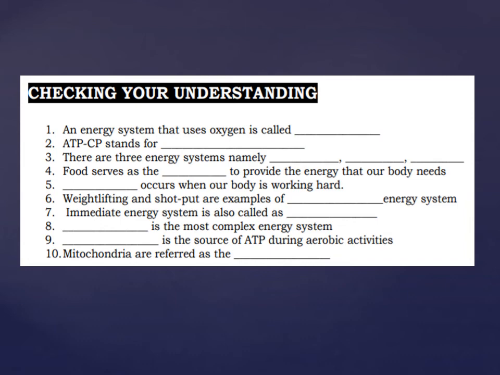There are 3 energy systems, namely blank. 4. Food serves as the blank to provide the energy that our body needs. Number 5. Blank occurs when our body is working hard.